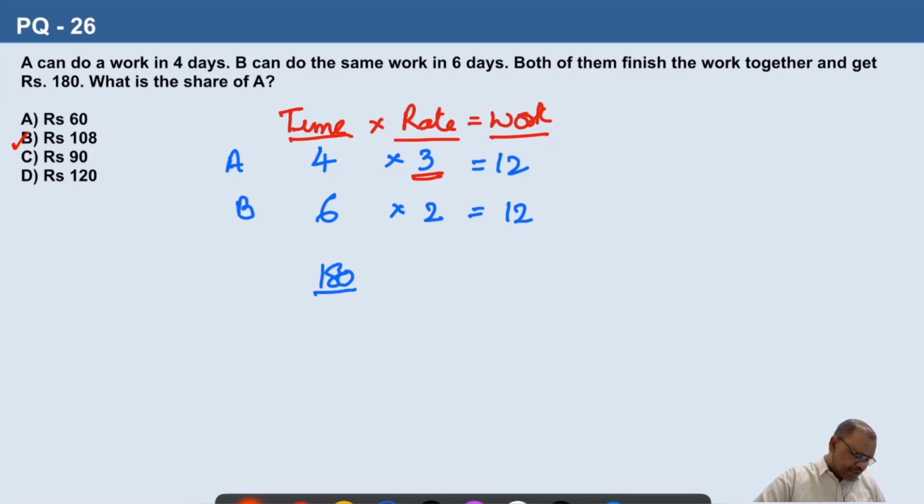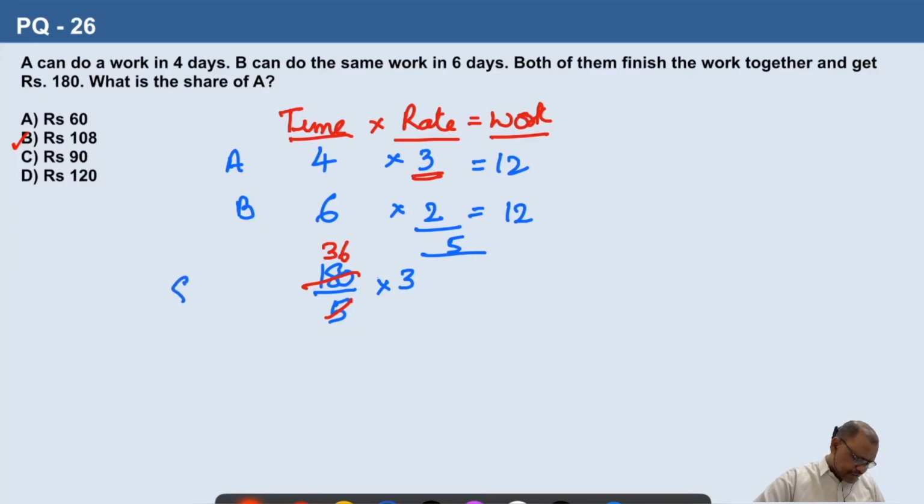We have to make this 180 into 5 parts. Divide 180 with 5 parts and then multiply with 3. So first of all, we have to make it into 5 parts because the total efficiency is 5 units. So that is simplifying, 5 36 times.